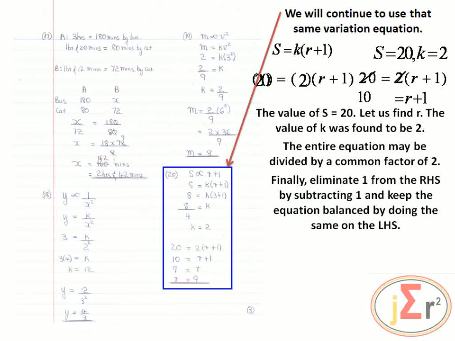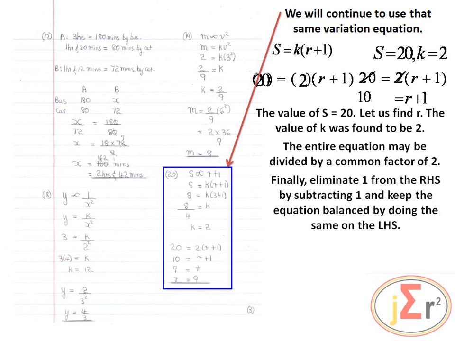Finally, eliminate 1 from the right hand side by subtracting 1, and keep the equation balanced by doing the same on that left hand side. So on the right hand side we have r accompanied by 1. And how are they related? They are related by addition.